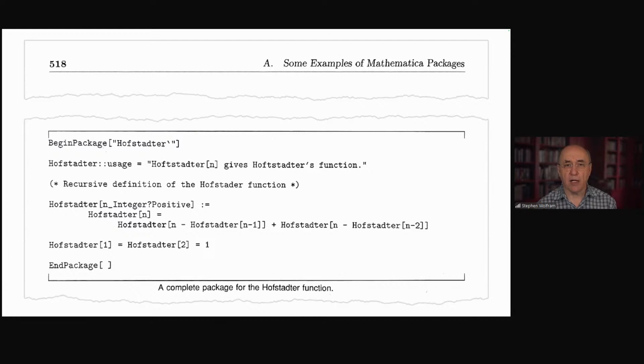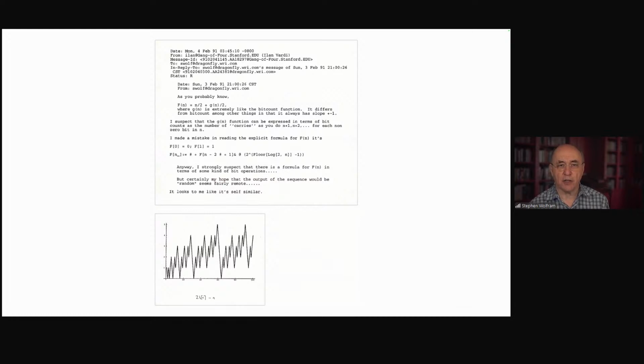So my email archive records an exchange that I had with Ilan Vardy at that time, about nestedly recursive functions. He suggested a more symmetrical nested recursive function. I responded, including a picture that I'd made that made it fairly clear that this particular function would have only nested behavior and not seem random.